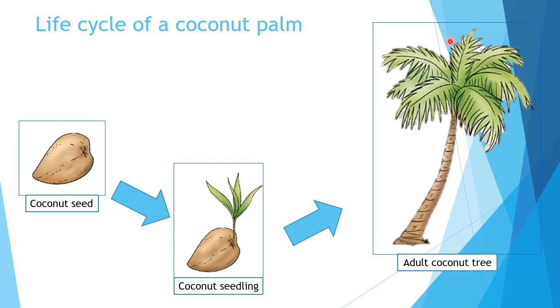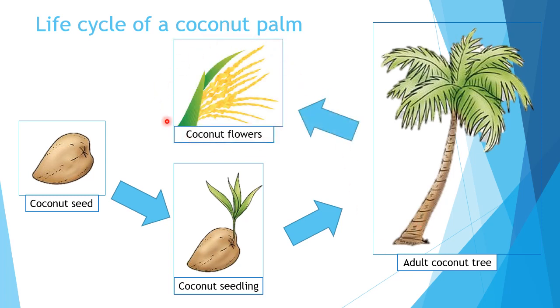So ia jadi besar dulu, lepas satu ia tumbuh bunga, coconut flowers. And then the coconut flowers itu akan berubah jadi coconut seed. And then start lagi balik the cycle. So arrow-nya, and then gambarnya. So ia dari seed ke seedling, ke adult, ke flower, ke seed.